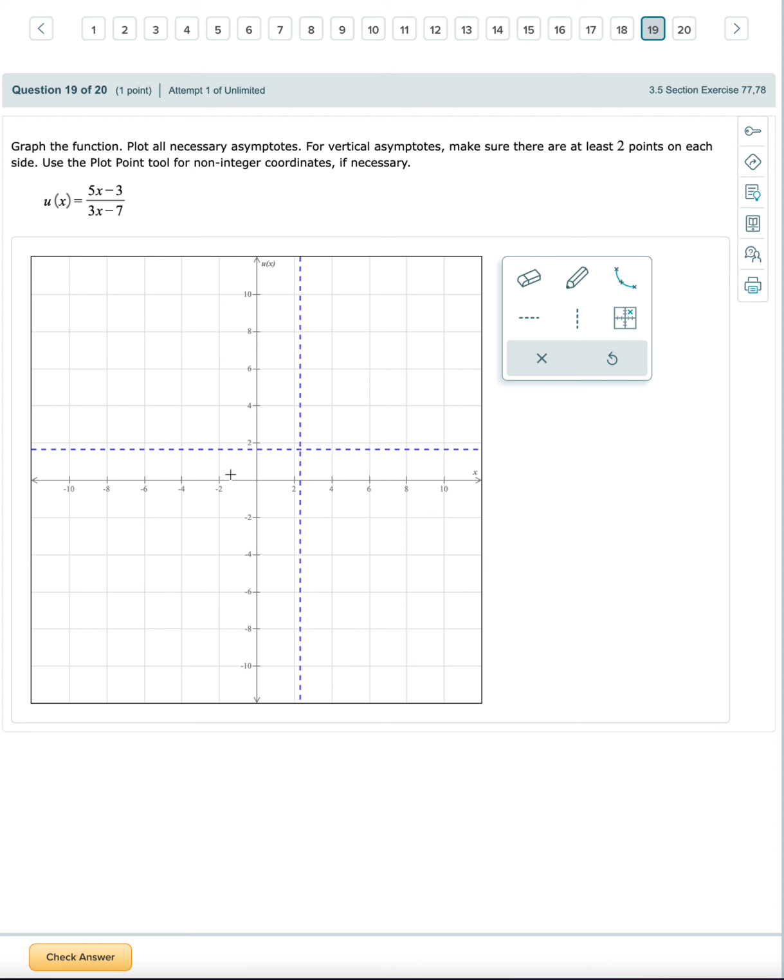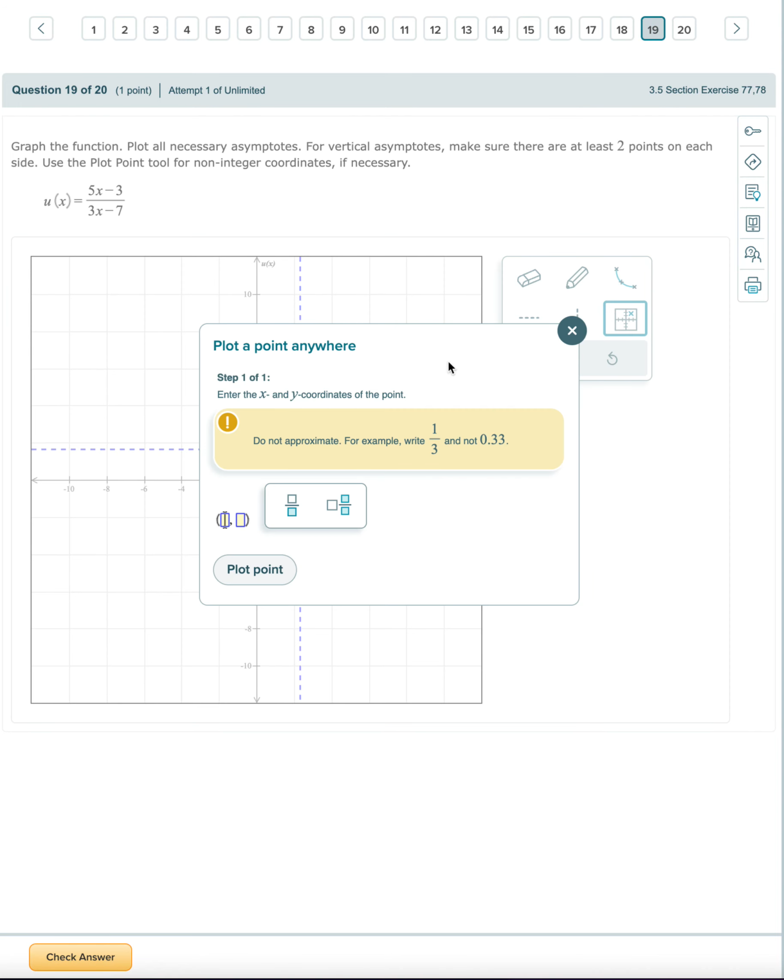And when x is 1, we get 2 in the numerator and a -4 in the denominator, which is -1/2. Let's go ahead and get those plotted first. So we'll plot 0 and 3/7, and then we'll plot 1 and -1/2.